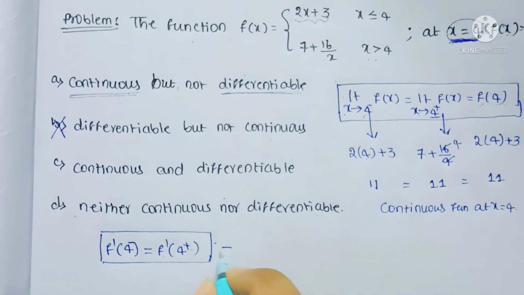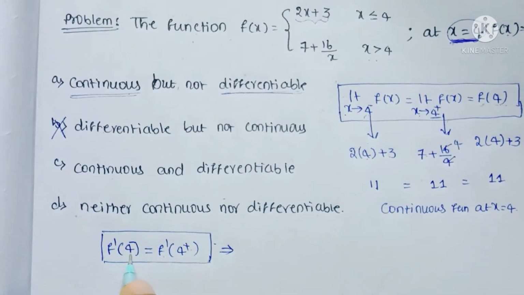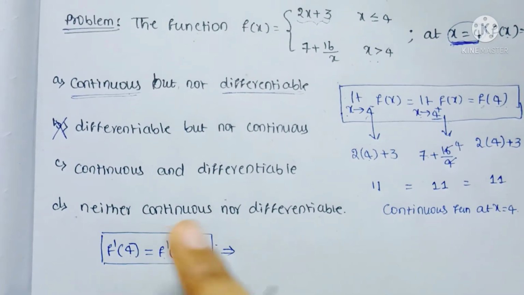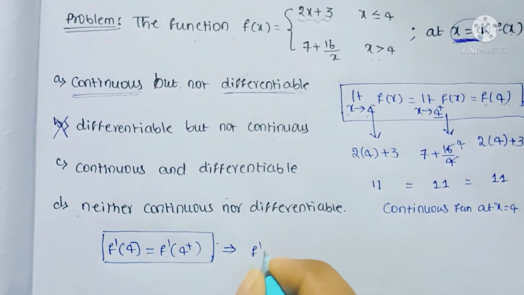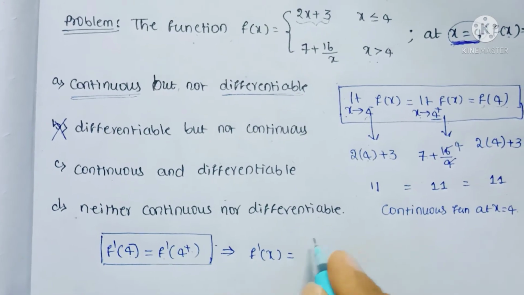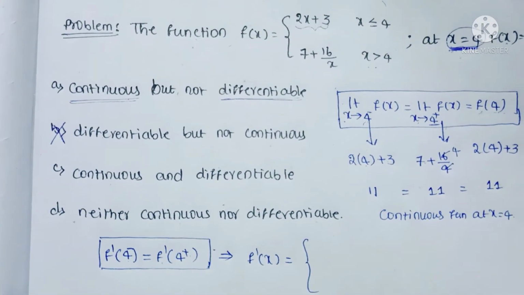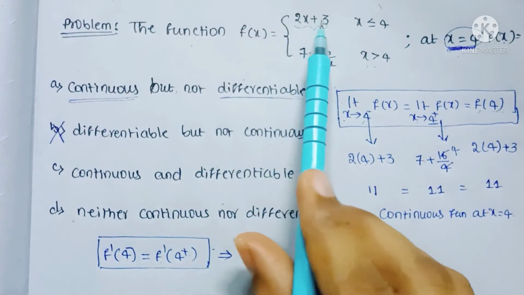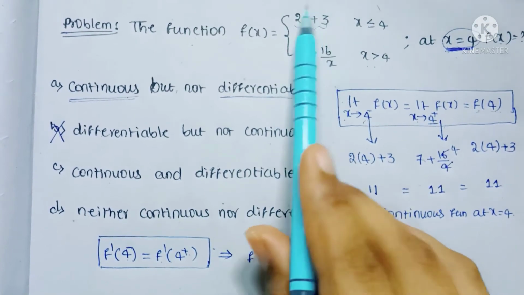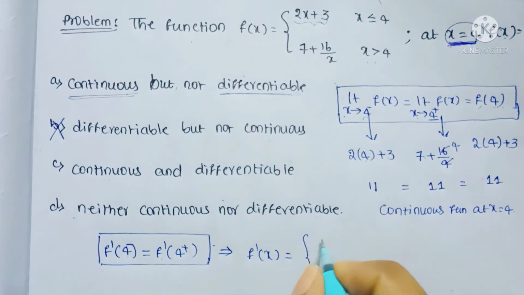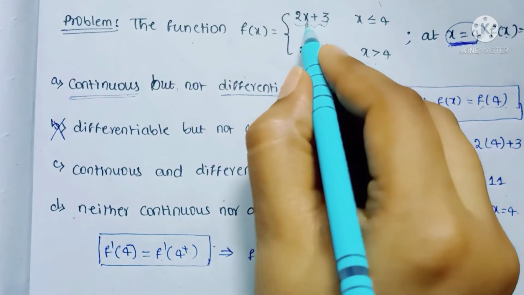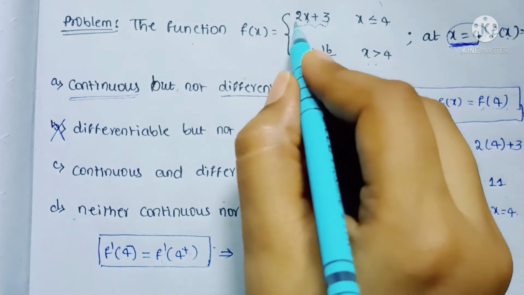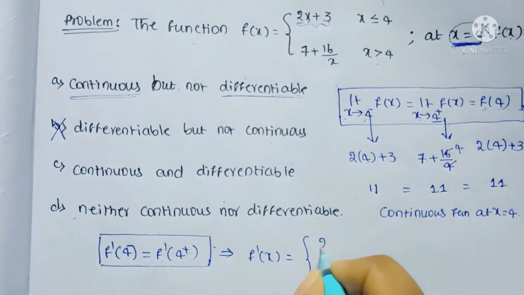So first we have to check f dash of 4 minus. So first we have to find the f dash of x function. If you see here, they are given f of x is equal to 2x plus 3. The first derivative of this function: the differentiation of x is 1, and the coefficient is 2, so 2 into 1 is 2.